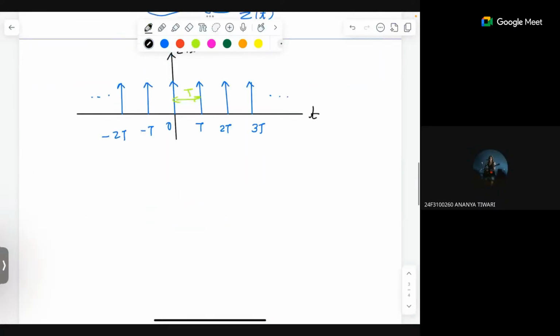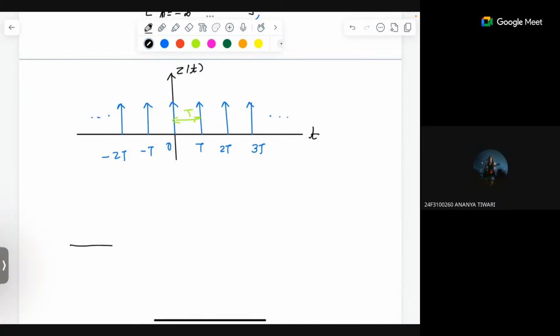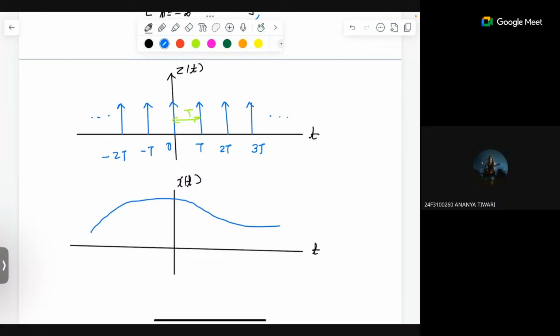Now let us just take any arbitrary x of t just to show you how the multiplication looks like. So suppose x of t is something like this. Now when we multiply these two, what will we get? Class, when we multiply z of t and x of t, what will we get? It will be this same z of t, just with the amplitude multiplied.